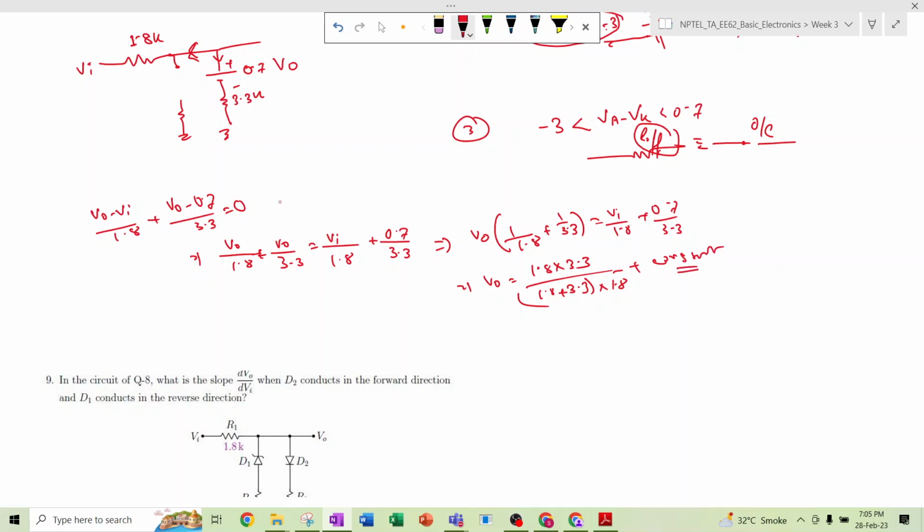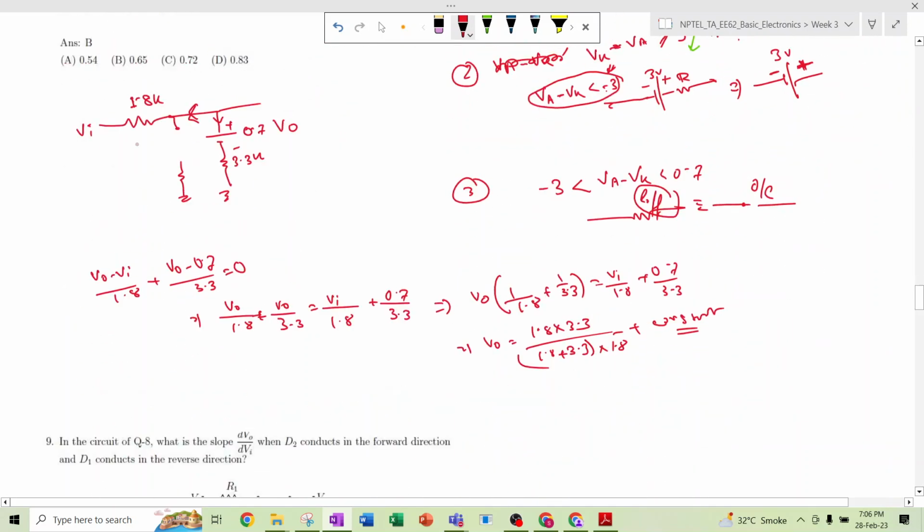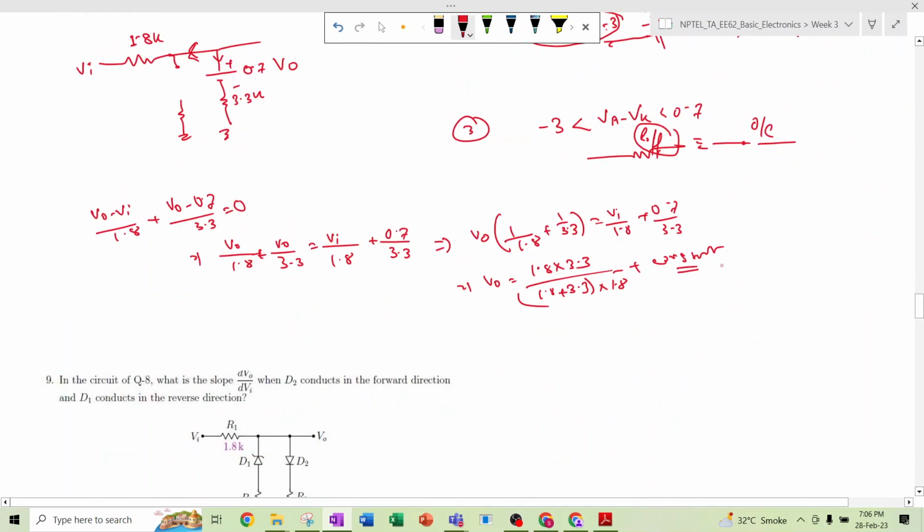I am writing it as a constant because in the question I have to find out the value of dVO by dVI. So the constant will become 0 if we take the derivative, so I am not worrying about this constant value. Now this 1.8 cuts out, so dVO by dVI turns into 3.3 divided by 1.8 plus 3.3, which is 5.1.